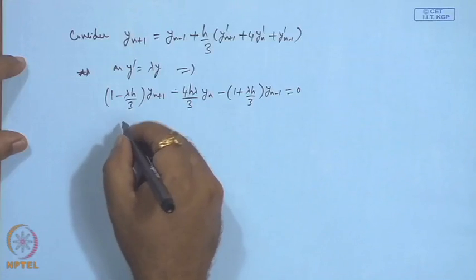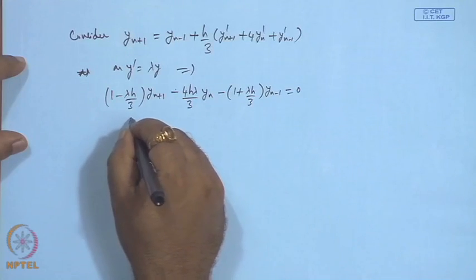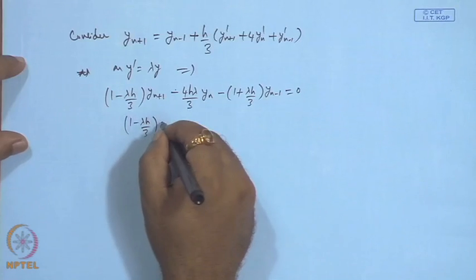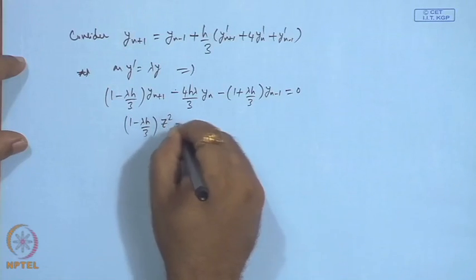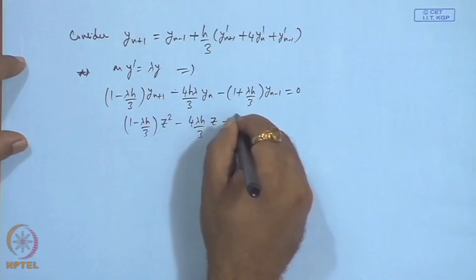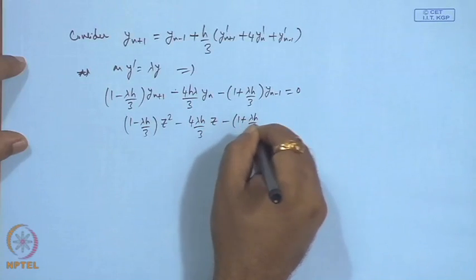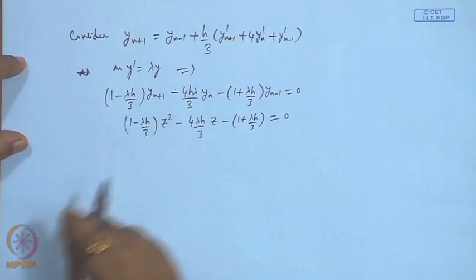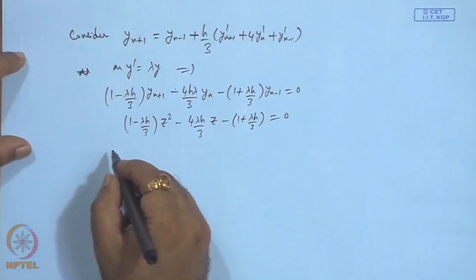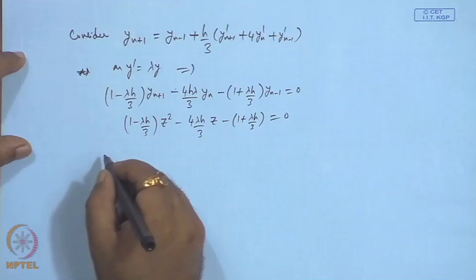So, we have this, so this will be the characteristic polynomial, then the roots.